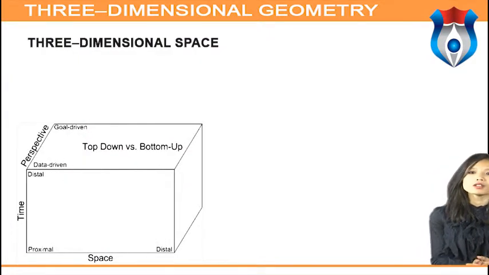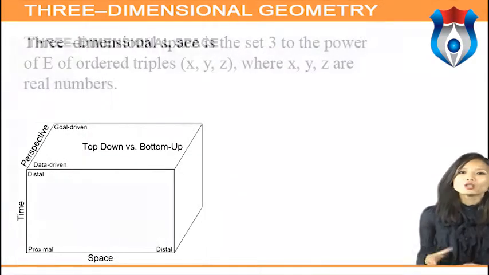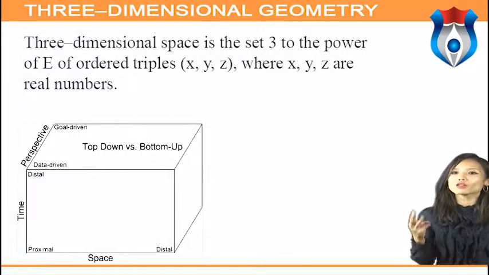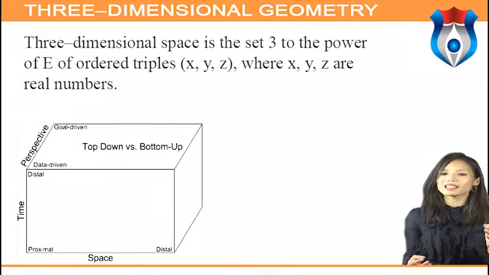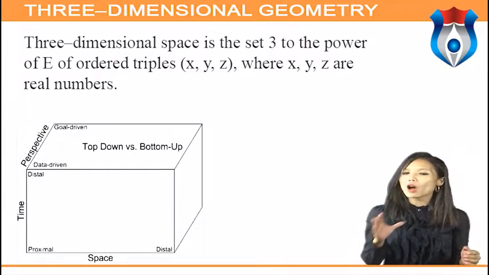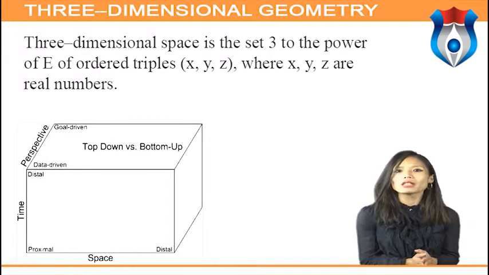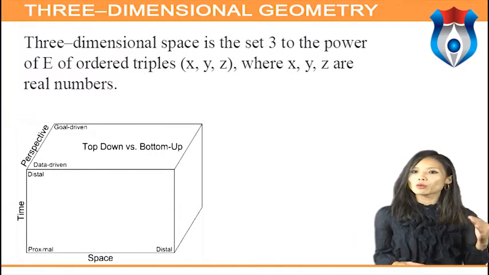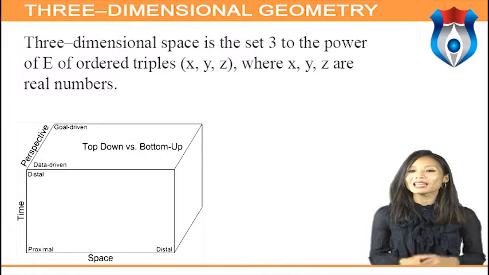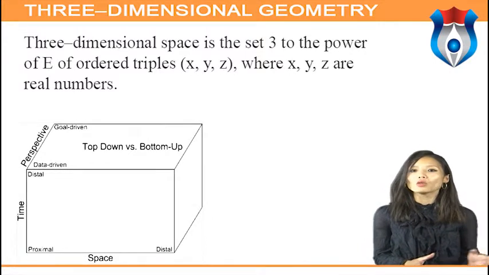Now we will talk about three-dimensional space. Three-dimensional space is the set R cubed of ordered triples x, y, z, where x, y, z are real numbers. The triple is called a point P in R cubed, and we write P equal to open bracket x, y, z, close bracket.